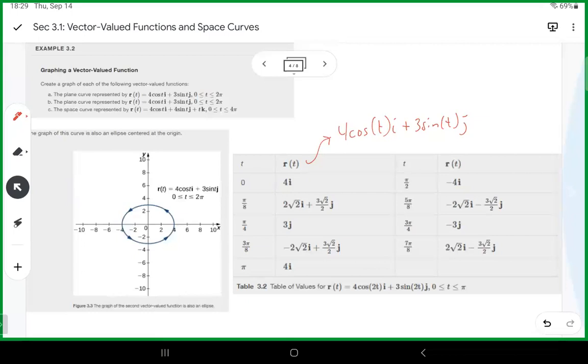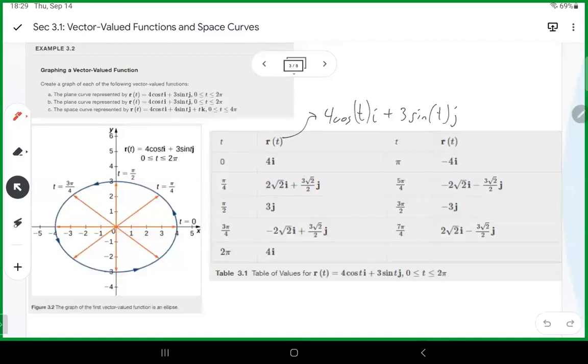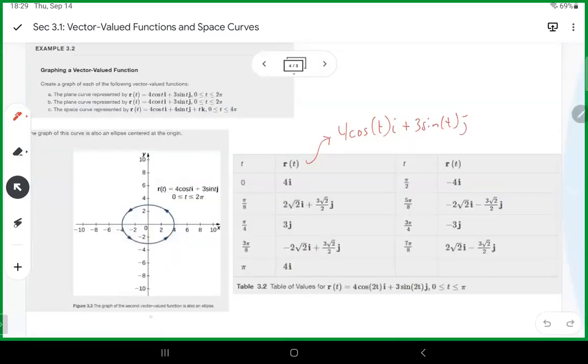I'm not seeing anybody else seeing how these two parts are different. We obviously have two different. The graph of the first vector valued function is an ellipse. The graph of the second vector valued function is also an ellipse.